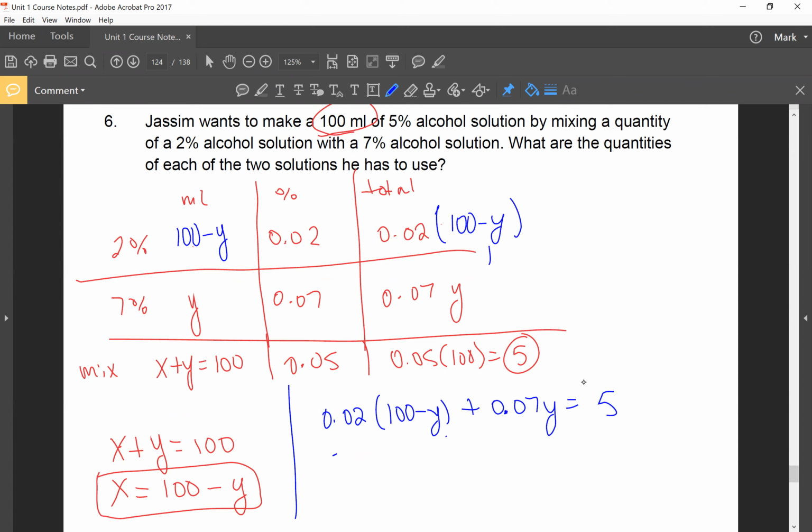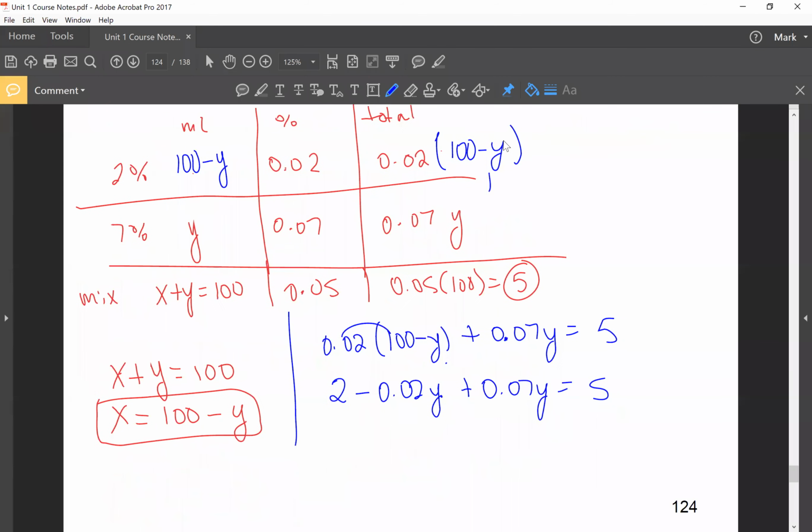All right, so now I just got to solve for Y. No big deal here. I'm just going to solve this equation for Y. So 0.02 times 100 is 2, minus 0.02y plus 0.07y equals 5. And then I'm just going to keep working through this and solving it.